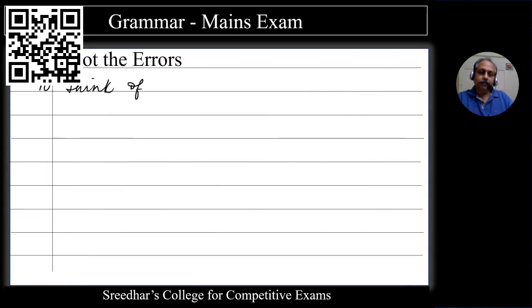Think of word forms. Imagine you could not spot the error after trying out all those strategies. Then you should look at the word forms. You should think of word forms. Here, parts of speech. Word forms related to parts of speech.